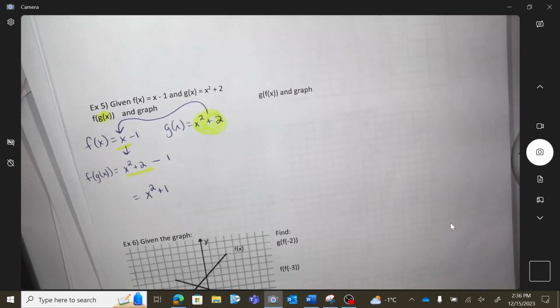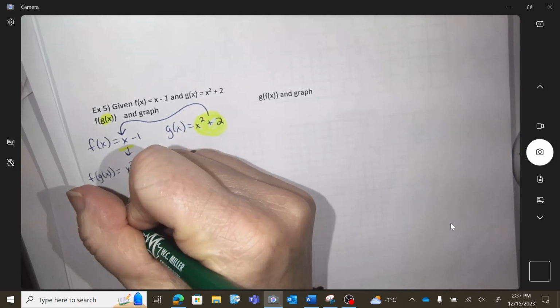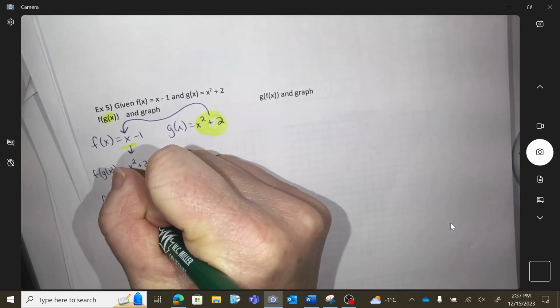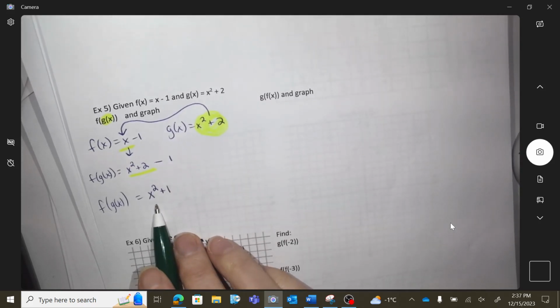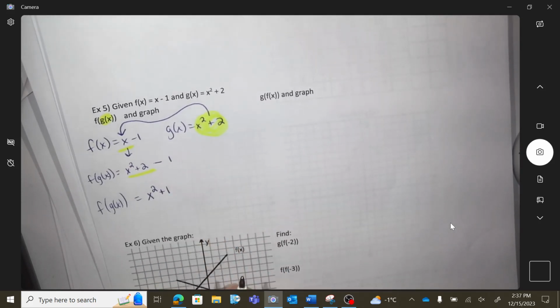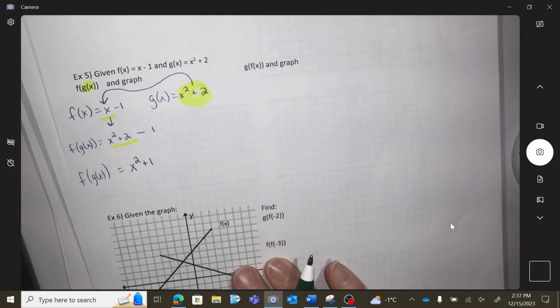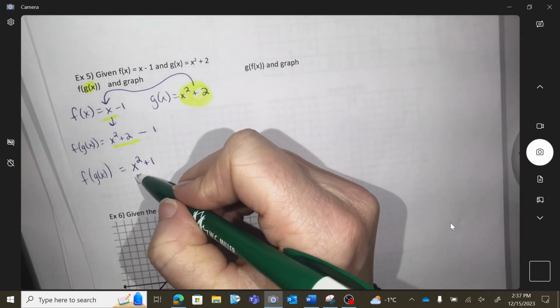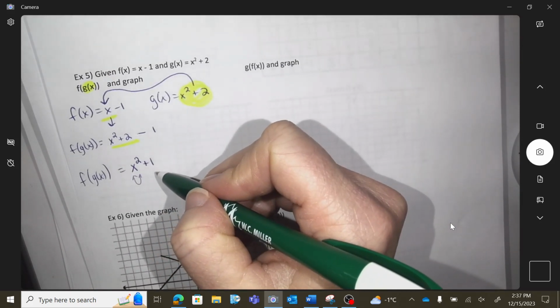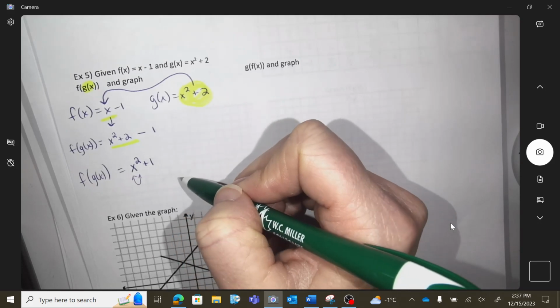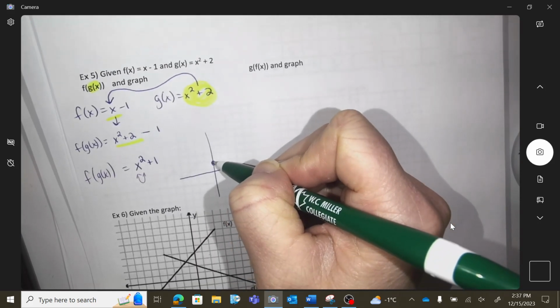Oh, and it says to graph. What do you do? So what do you know about it? X squared. What do you know about x squared? Parabola. What do you know if there's a +1 at the end? Up 1.